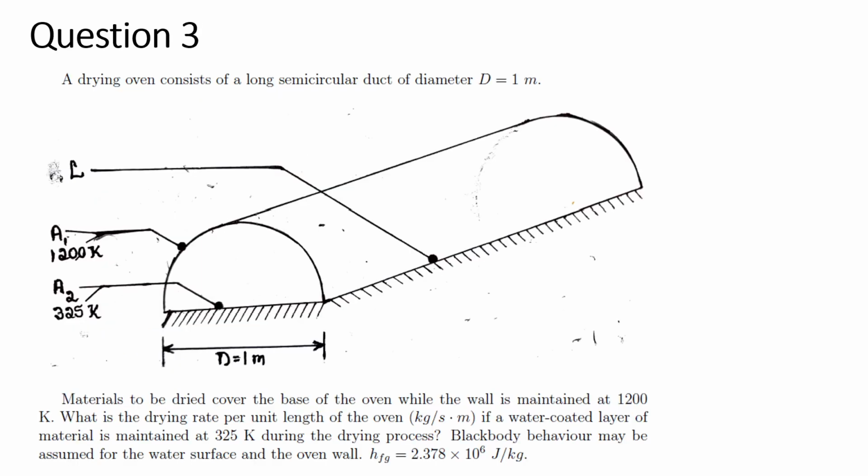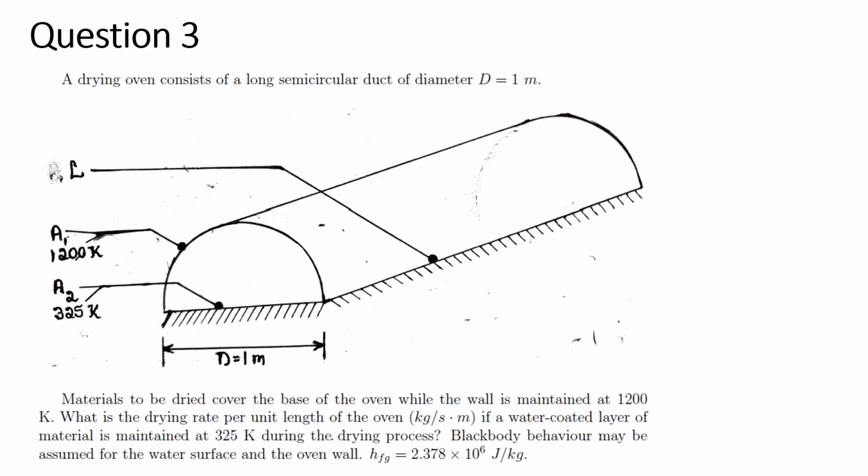Now let's move on to the third question. In the third question, we have been given that a drying oven consists of a long semicircular duct of diameter 1 meter. Materials to be dried cover the base of the oven while the wall is maintained at 1200 Kelvin.